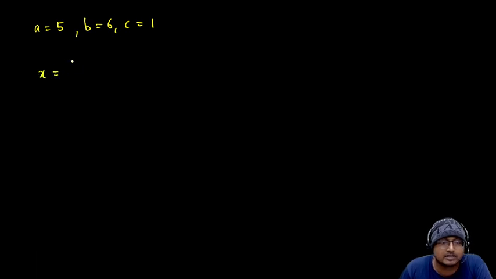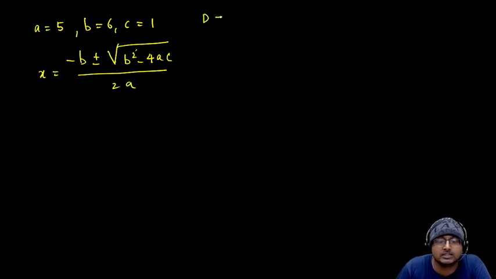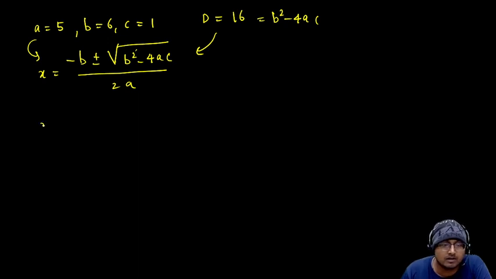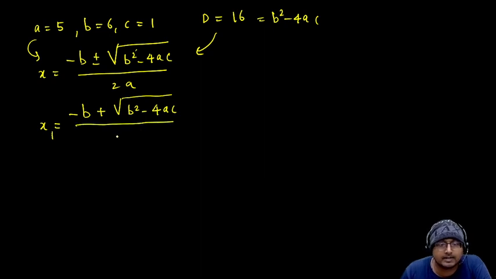So we have the formula x equal to minus b plus or minus under root of b square minus 4ac, by 2a. We already found the discriminant value d is equal to 16, which is b square minus 4ac. So let us substitute these values in this equation. Roots are x1 and x2. Let us find x1. x1 is equal to minus b plus under root of b square minus 4ac, divided by 2a.